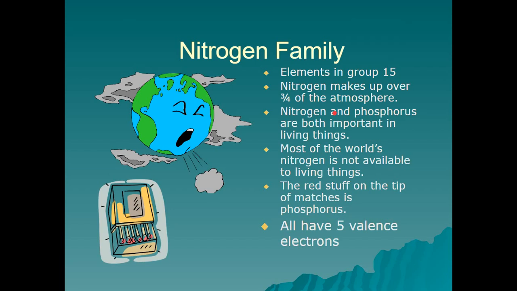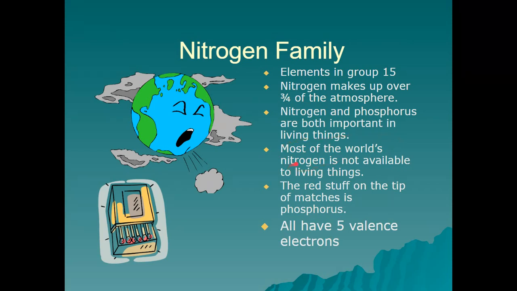But I think it's 20 point something, 20.8 or 21% is oxygen, and then there's a bunch of other gases, and then of course a little bit of carbon. And nitrogen and phosphorus are both important in living things. Very important. Your body is made up of these things. Okay, your DNA contains nitrogen.